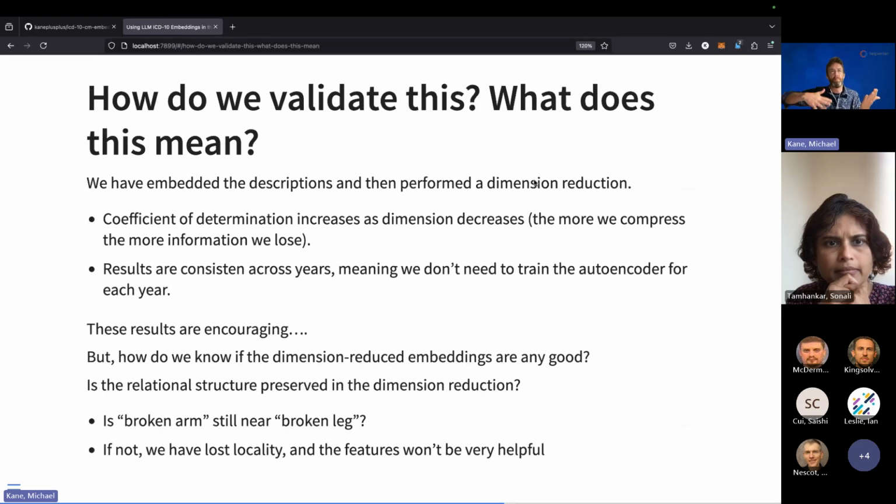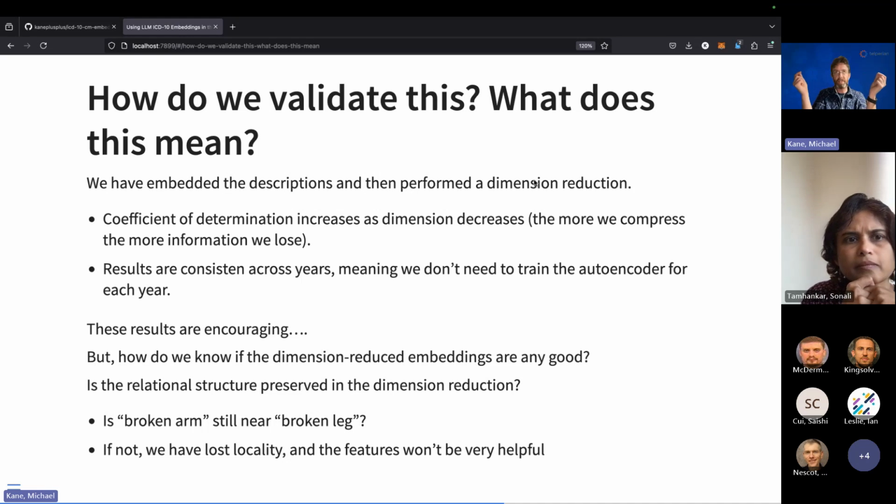So what it tells me is that the information in the ICD-10 codes is written in those 72,000 dimensions, but the information is actually on a much lower dimensional subspace. So we're saying we can compress it and then decompress it pretty well, but we still haven't really validated it, right?